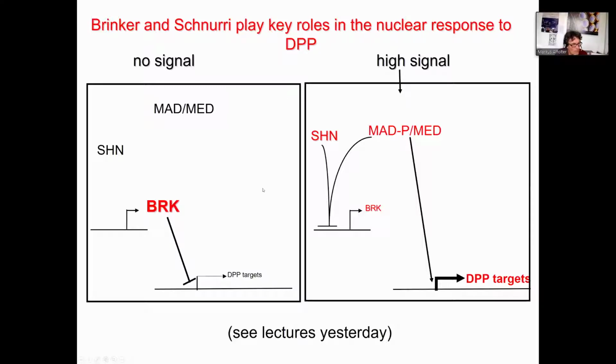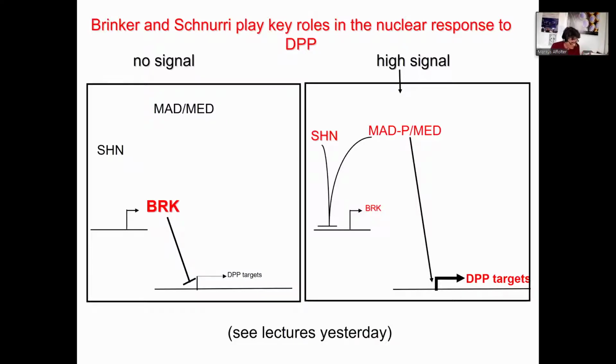But if you express brinker in the whole embryo, even in cells that have seen DPP signaling, it's a no-go. No DPP targets are activated anymore, no gene can be activated. So this branch of the pathway is by far the key branch of the pathway. It's perverse, but this is how it is. Completely unexpected. We never thought about this.